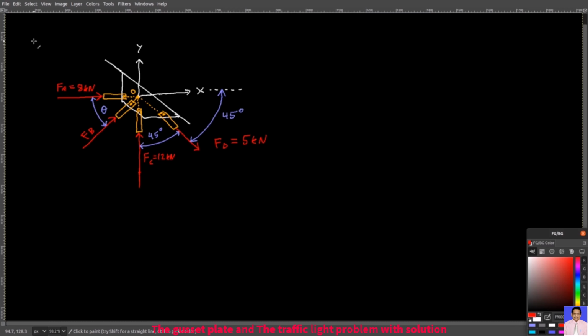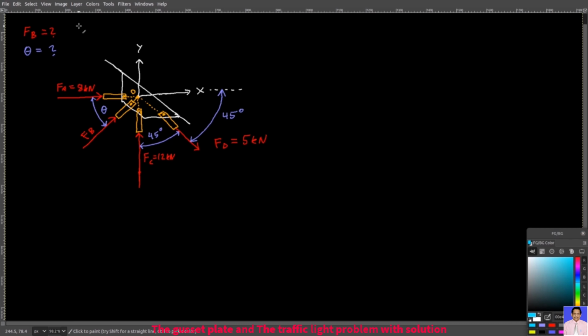And so what we need to do here, we need to find Fb, and then we also need to find theta. So as you can see, we have two unknowns here, and we have to find them. Now, if you look at this image, then you know that even though you have forces here, this gusset plate is not going anywhere. It means that there is no acceleration here.